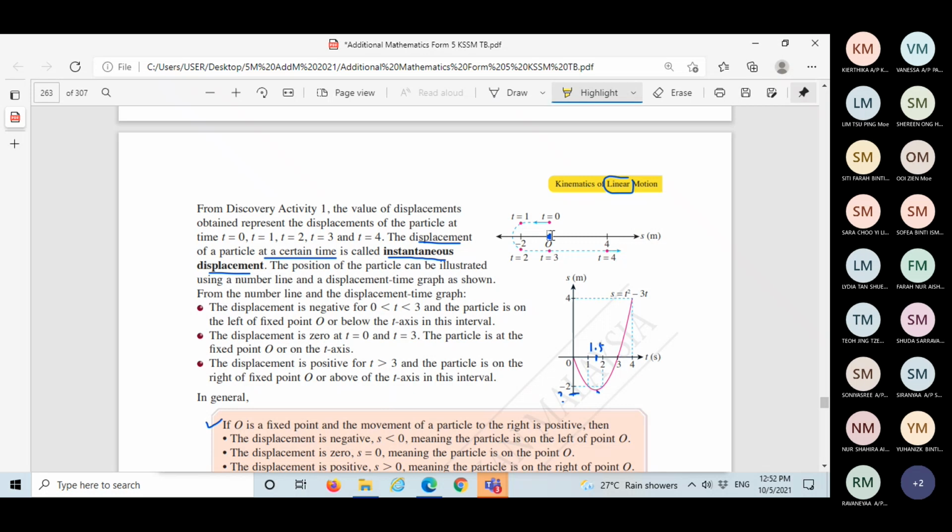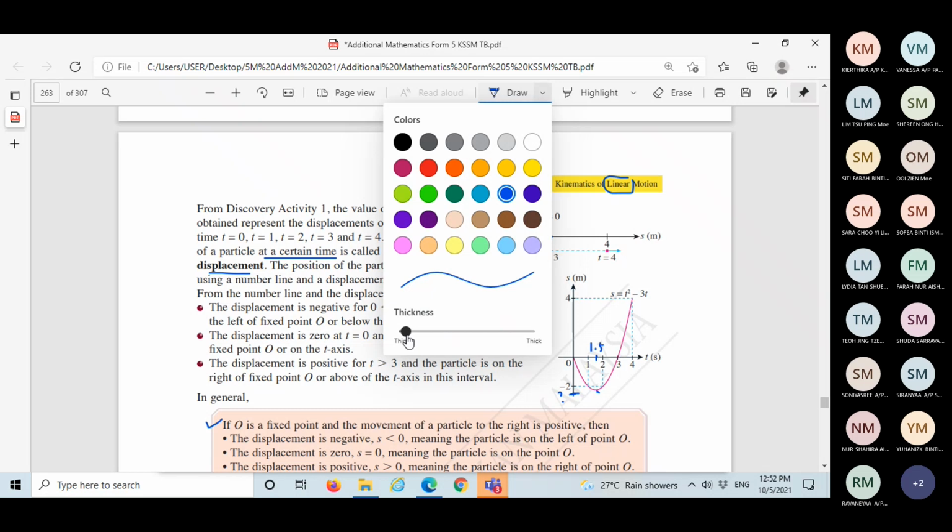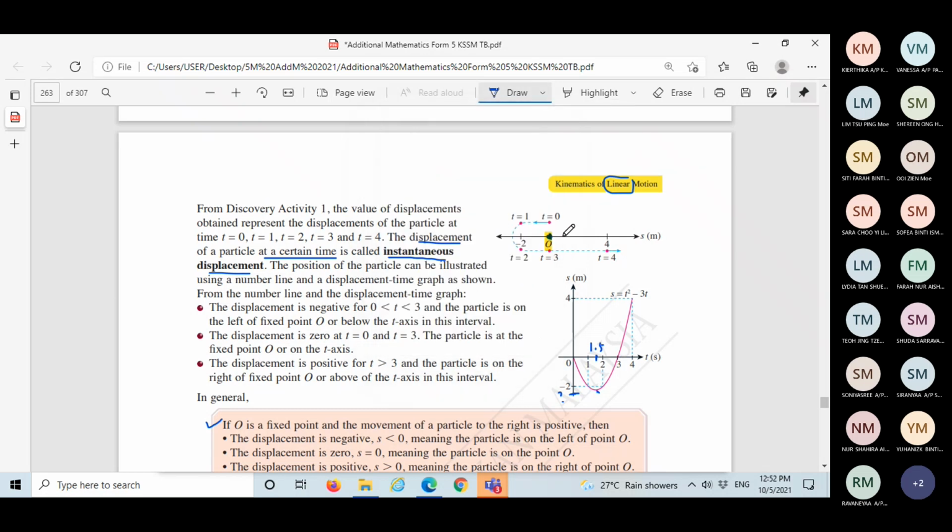I use highlight. Highlight cannot be seen now, maybe I make it thicker. Okay, start over again.